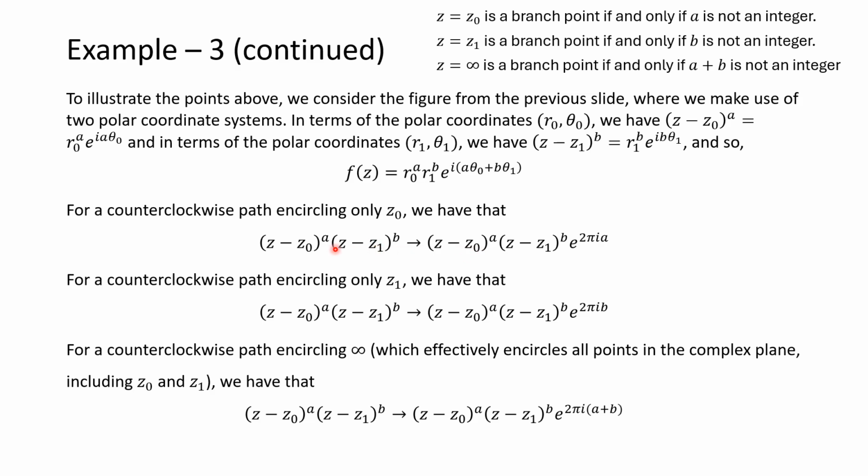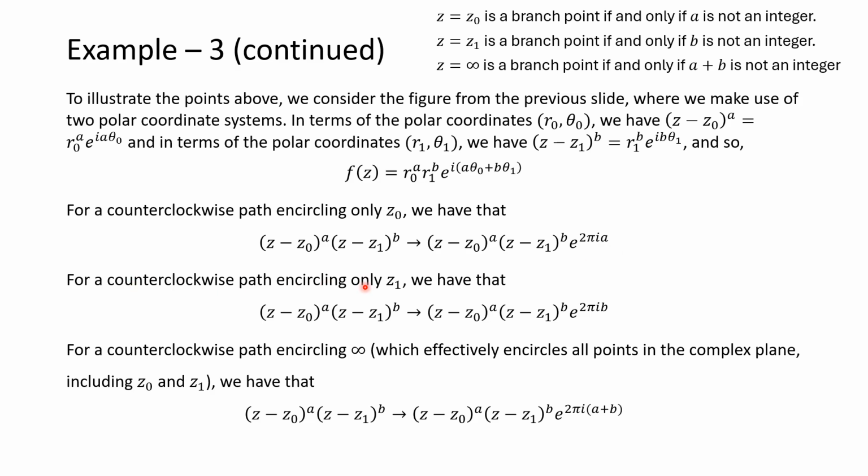And in that case, if a is not an integer, then we have that z₀ is a branch point because the function comes back after circling z₀ on a closed path. It comes back to a different value.